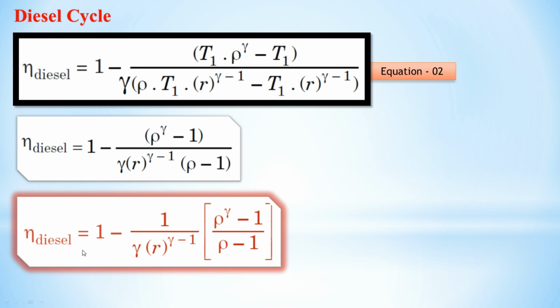So this is the equation of efficiency for diesel cycle equal to 1 minus 1 upon R raised to gamma minus 1 into 1 upon gamma in bracket rho raised to gamma minus 1 upon rho minus 1, where R is the compression ratio, the ratio of V1 by V2, and rho is the cutoff ratio, the ratio of volume at cutoff divided by clearance volume.